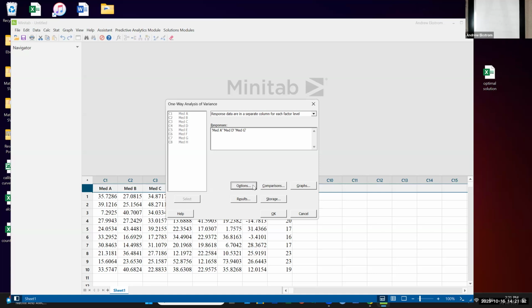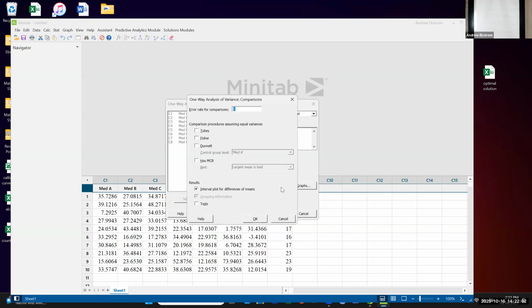Under options, it says assume equal variances, so we will keep that selected for the moment. Confidence intervals, two-sided, confidence level, 95%. Again, with the confidence level, if we have small sample sizes like we have here, we'd probably want to change that. For right now, I'm just going to leave it at default.